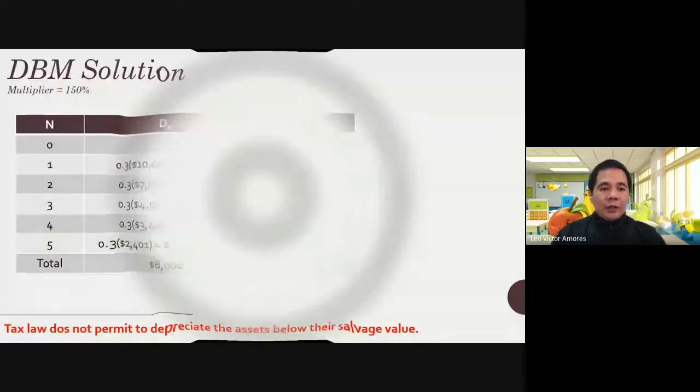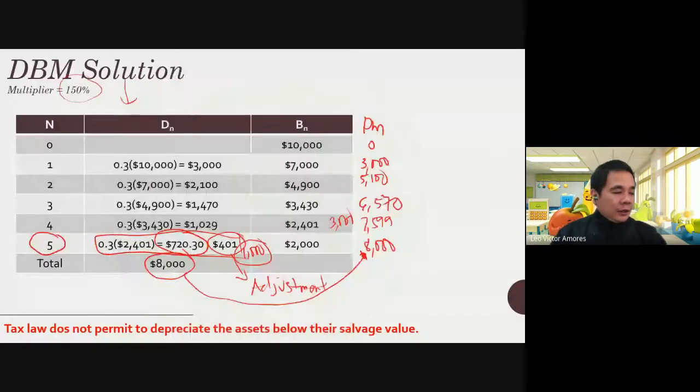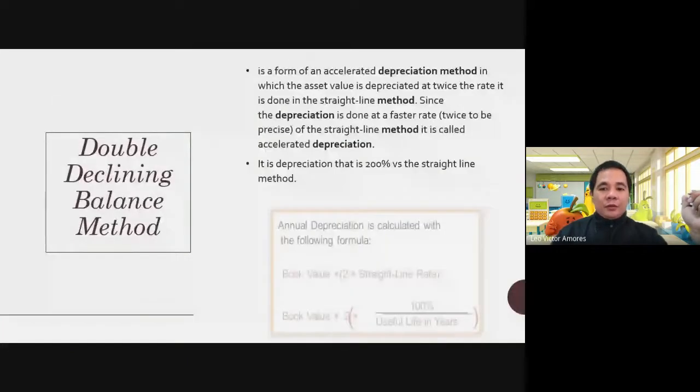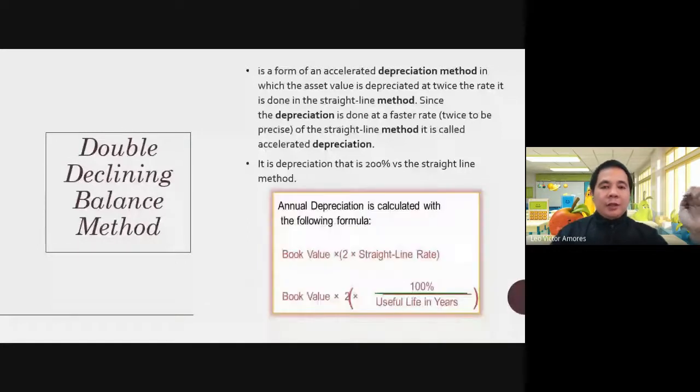Any more question with regards to the declining balance method solution? None? So, I'll proceed to double declining balance method. For double declining balance method, the computation is the same as the declining balance method.